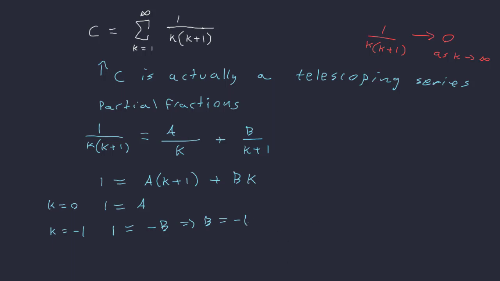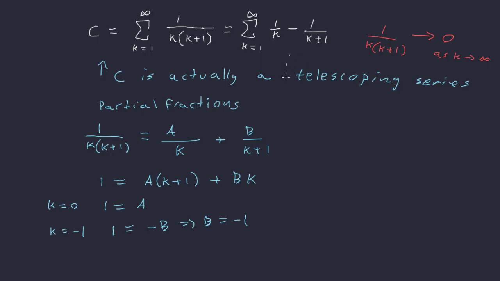So C is actually the series k going from 1 to infinity of 1 over k minus 1 over k plus 1, and that comes from the fact that b is equal to negative 1.